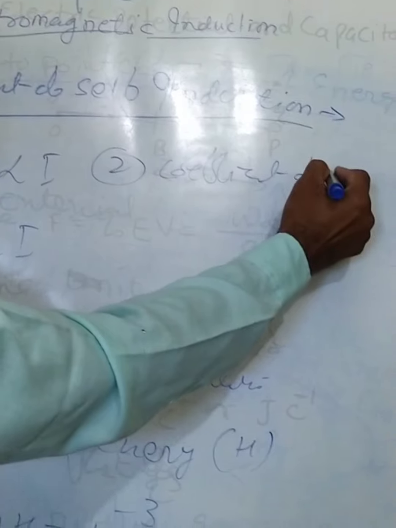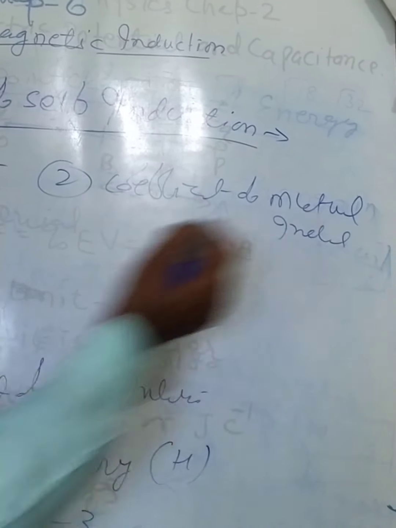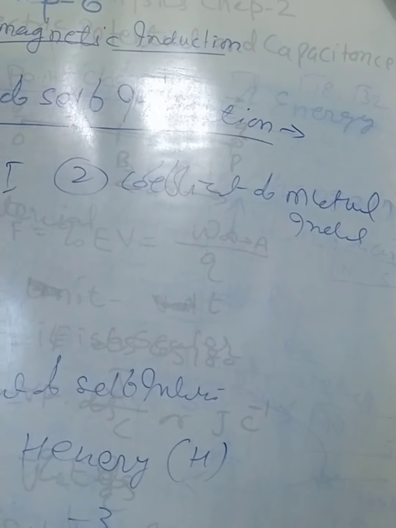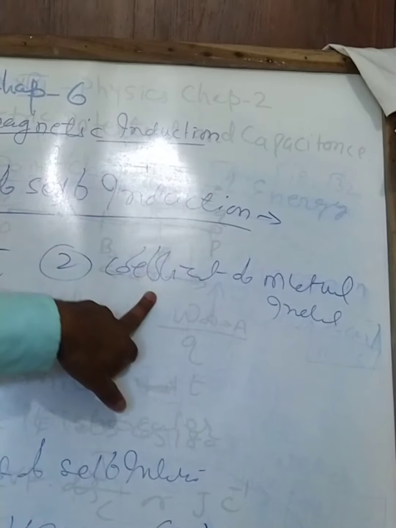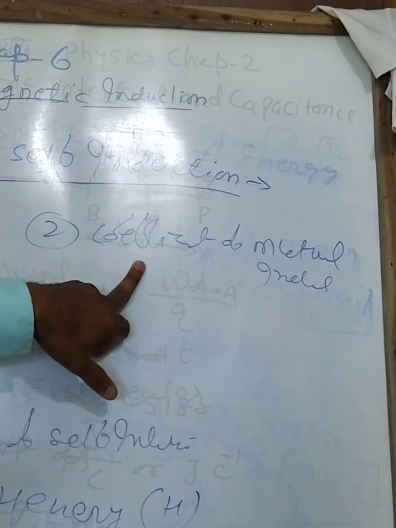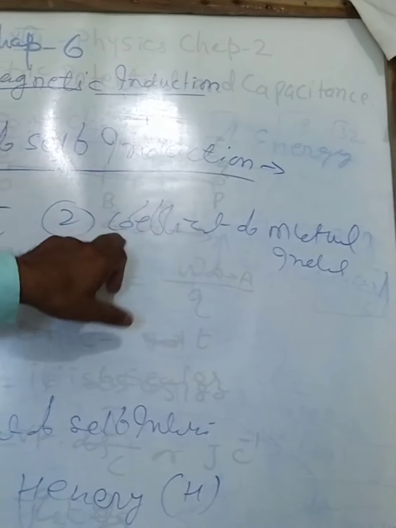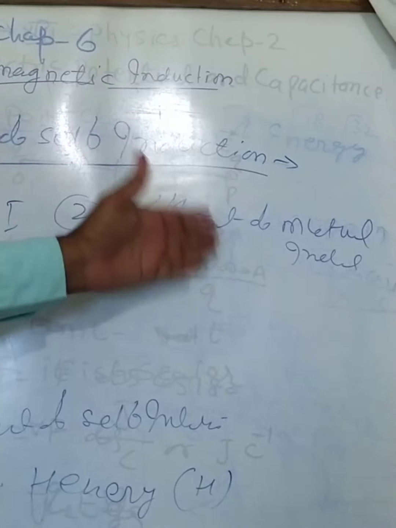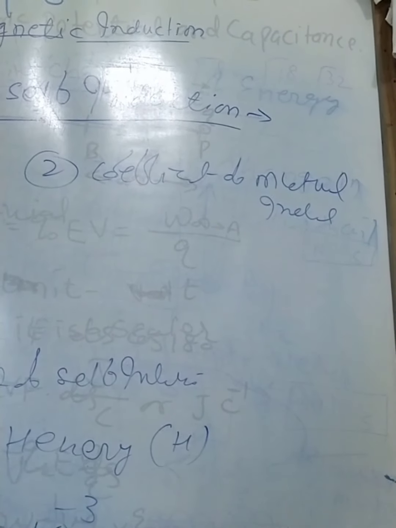Similarly, now we will talk about the coefficient of mutual induction. We have earlier talked about mutual induction: whenever the current in one electric circuit is changed, an EMF is induced in the other. So due to the current in the first coil, an EMF is induced in the other coil. Here we need two coils, primary and secondary.